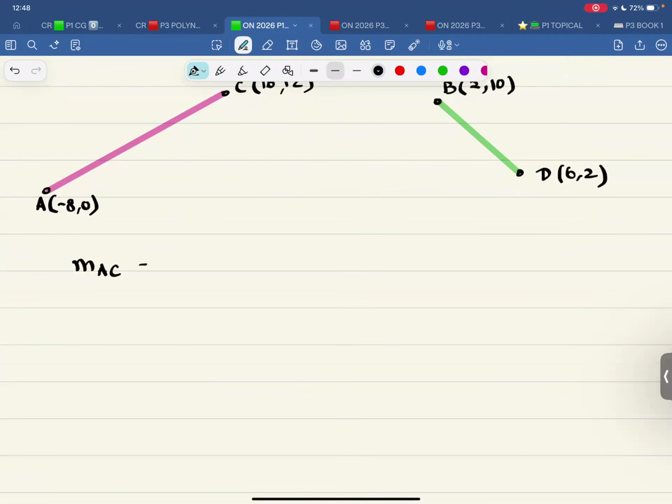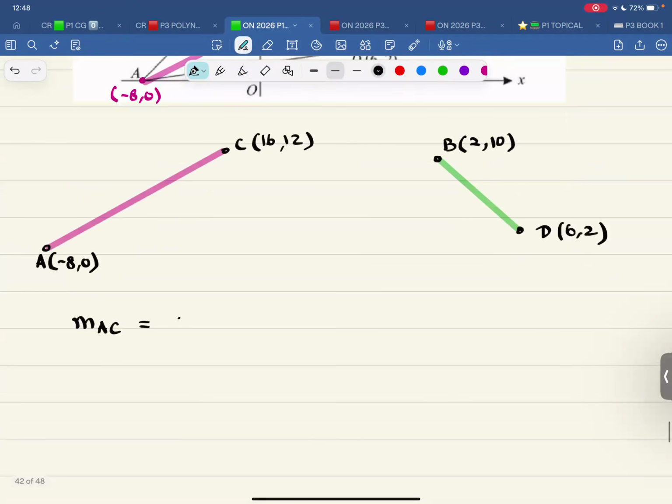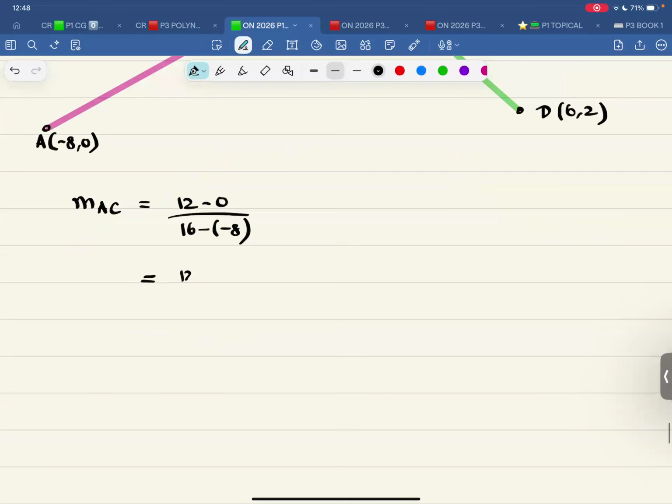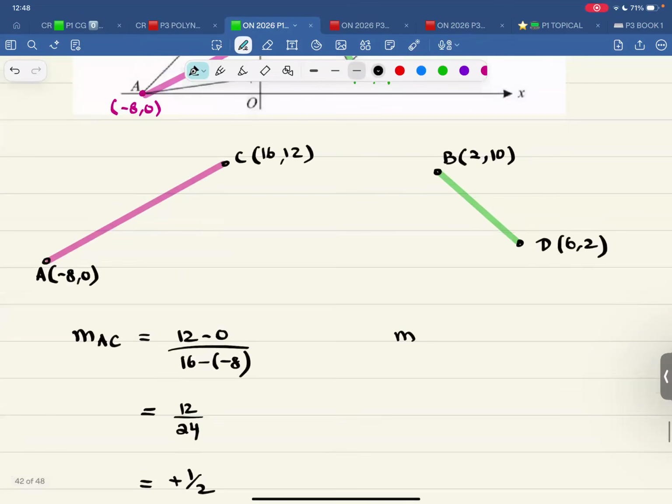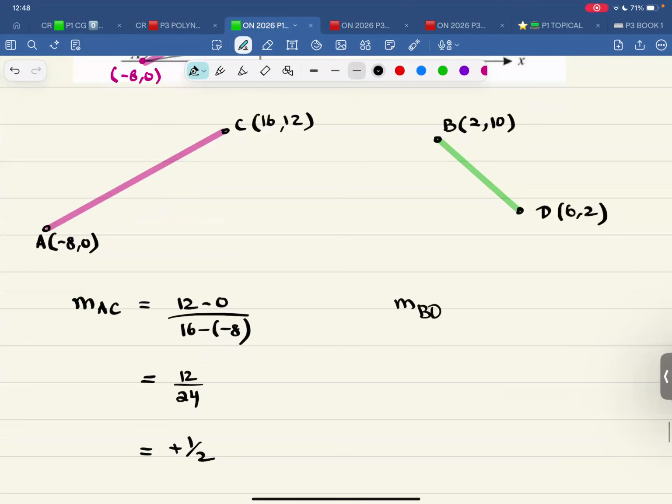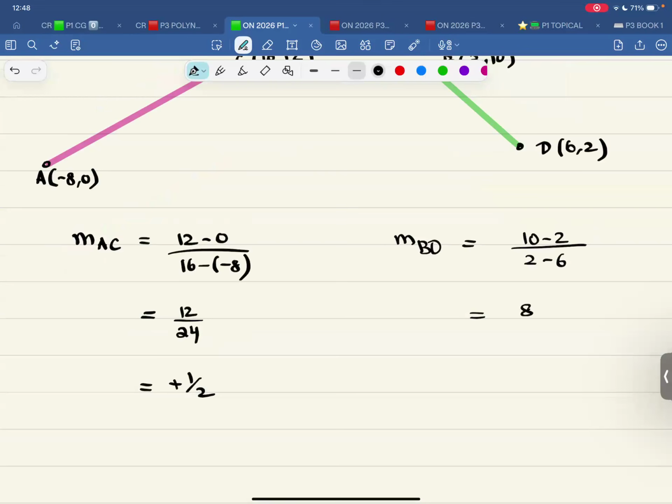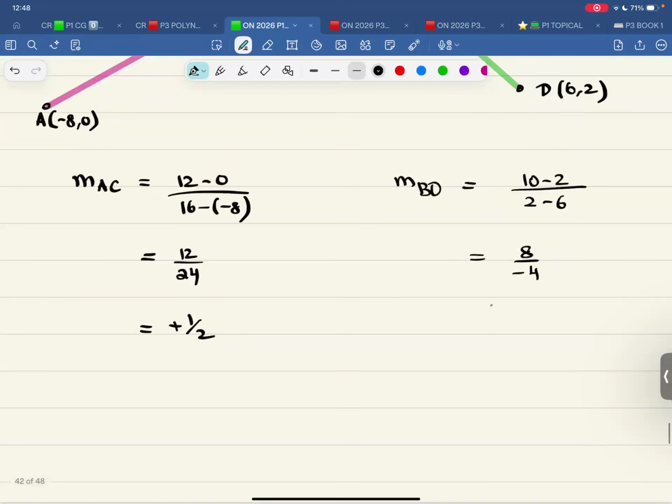Gradient of AC is (12 minus 0) over (16 minus negative 8). 12 minus 0 is 12, 16 plus 8 is 24. That comes out to be positive half. Similarly, gradient of BD is (10 minus 2) over (2 minus 6). 10 minus 2 is 8, 2 minus 6 is negative 4. That comes out to be negative 2.